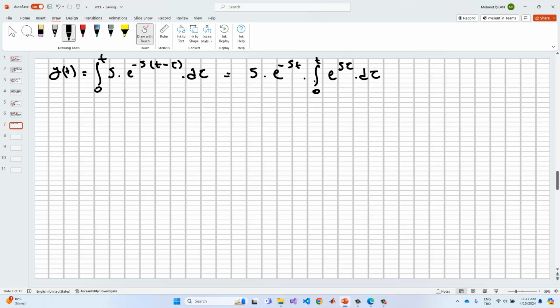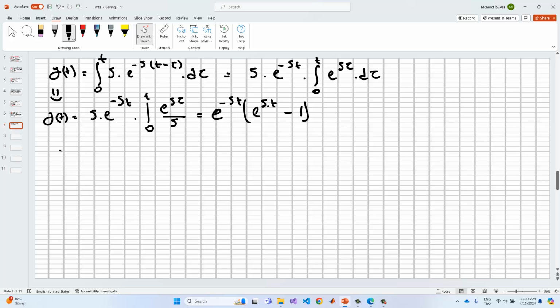Okay, and then we can solve this equation: yt is 5 times e^(-5t) times the integral from 0 to t of e^(5 tau), divided by 5. This is the integral term, and so the exponential term minus 5t times exponential 5 times t minus 1.